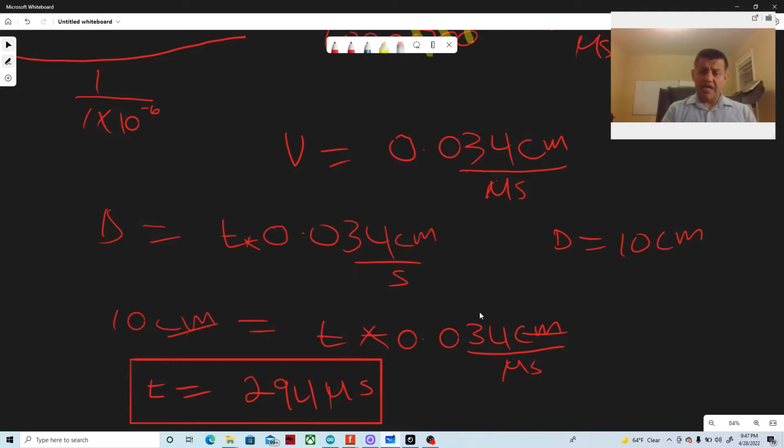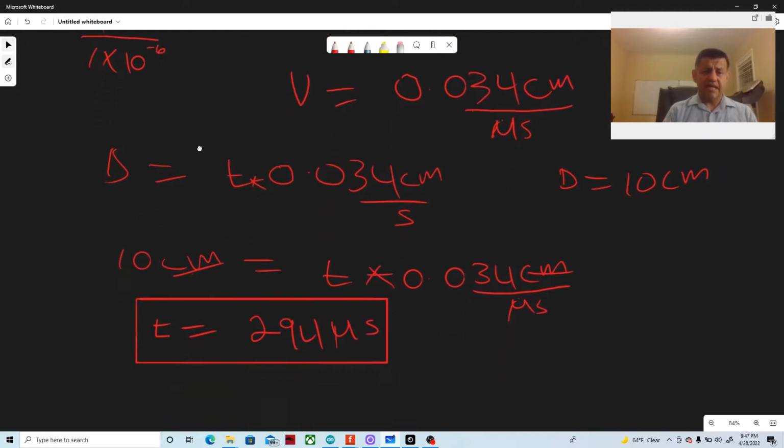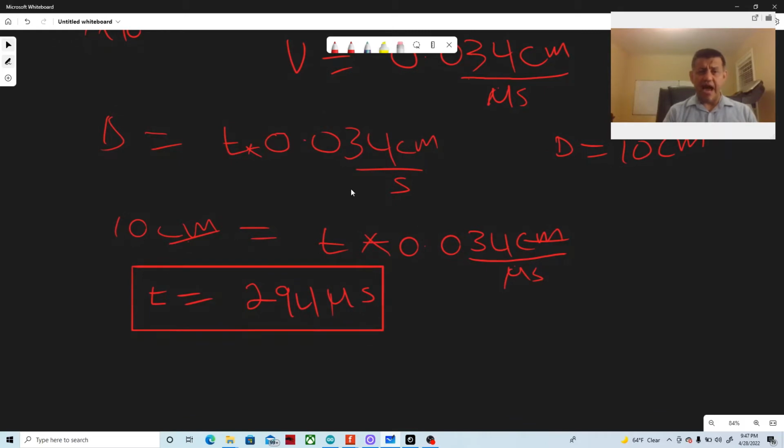Let's say you want to find the distance equal to this. Then you replace D with 10 centimeters, and then you solve this.